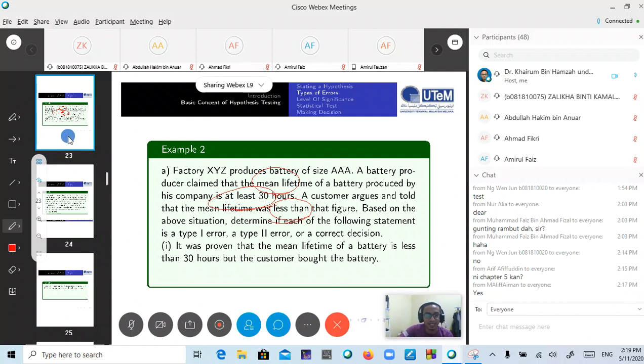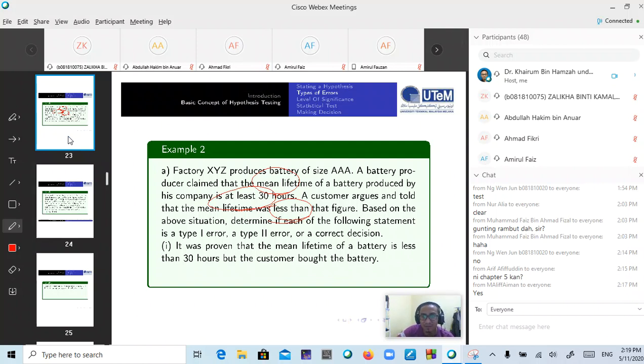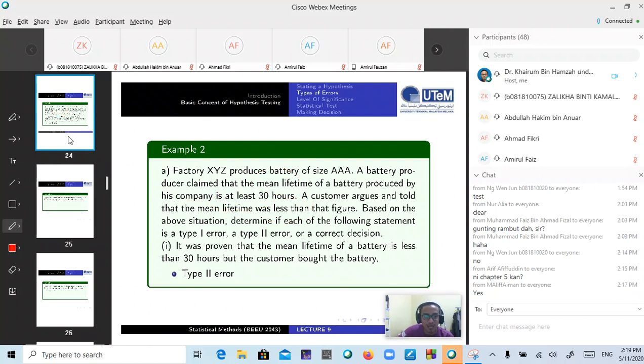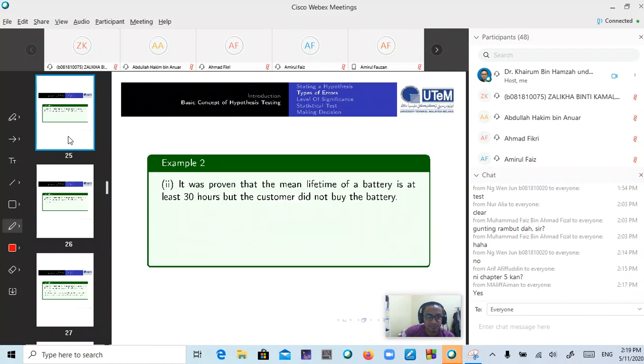First one, it was proved that the mean lifetime of a battery is less than 30 hours, but the customer bought the battery. So this one is type 2 error. Next.